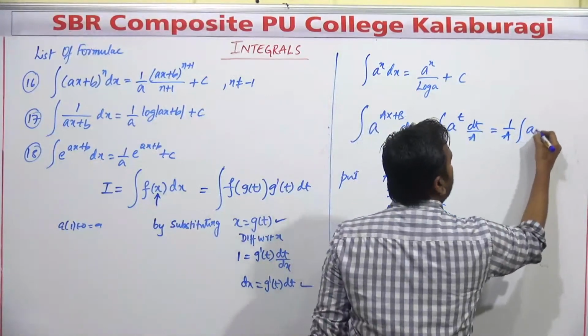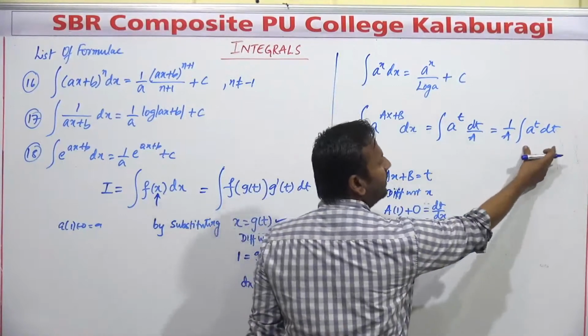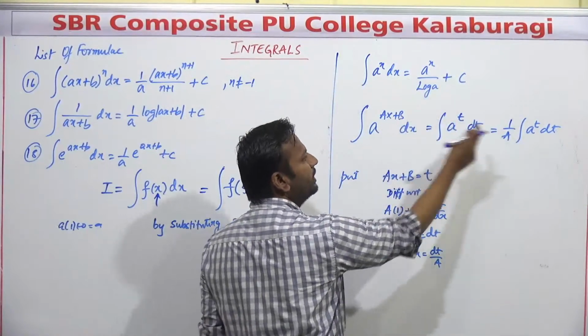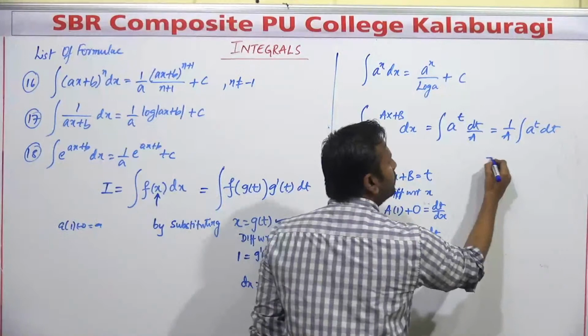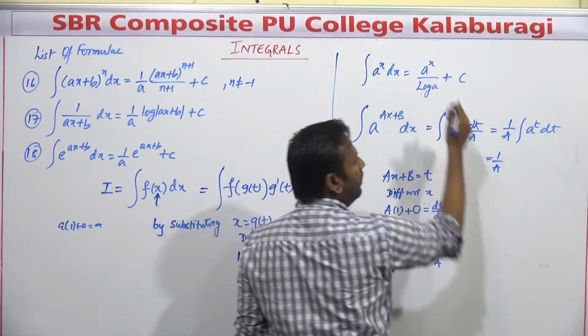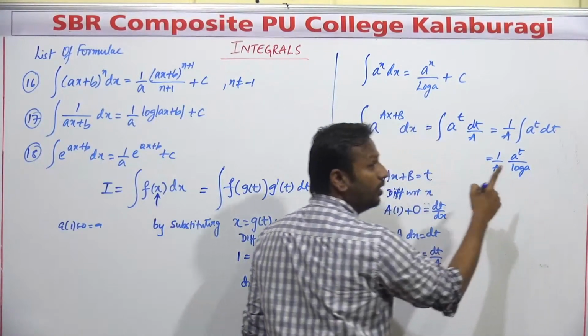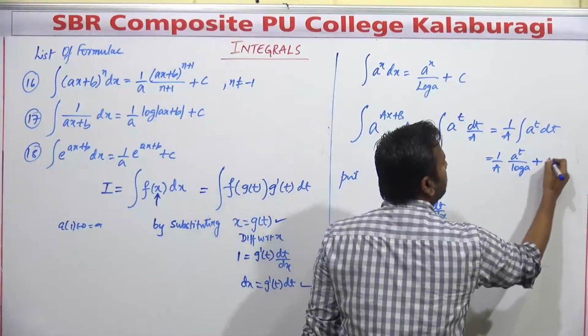What happens? a raised to t dt. Now it is in an easily integrable form, whereas before it was a little bit complicated. What is the formula? a raised to t divided by log a, not log t, log a plus c.